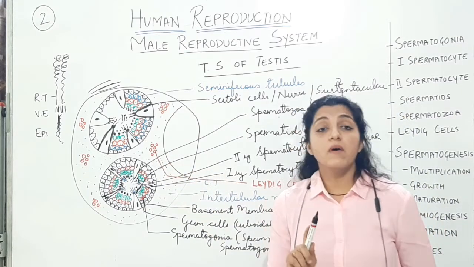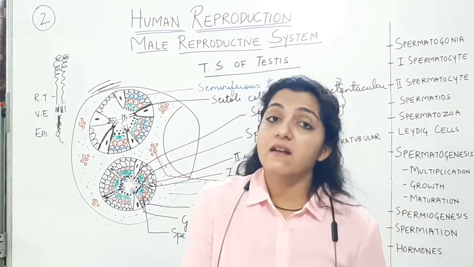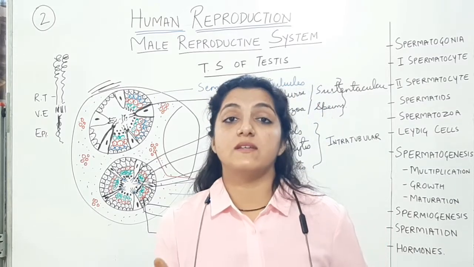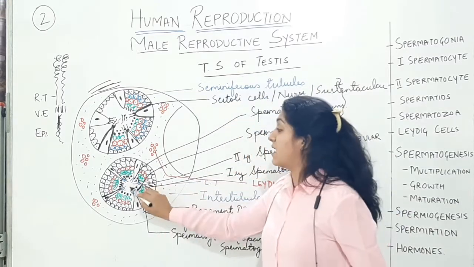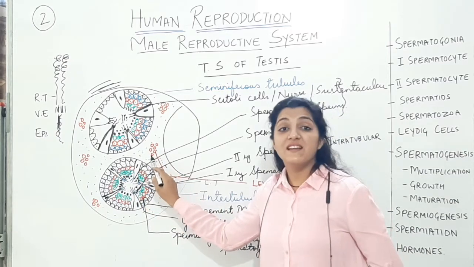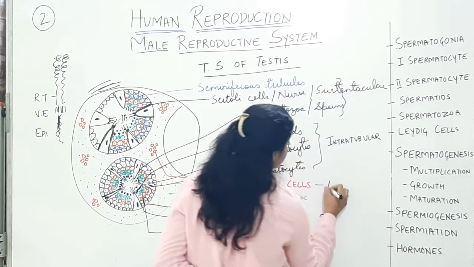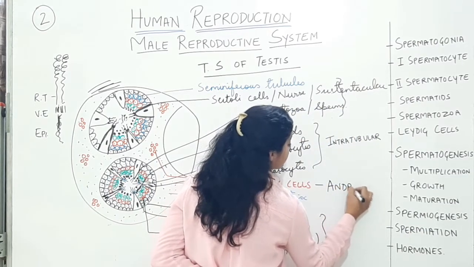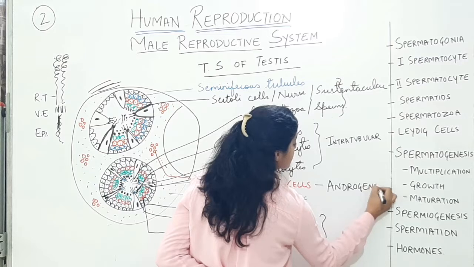An MCQ comes: who produces sperm, intratubular cells or intertubular cells? So intratubular cells are going to produce sperm. Intertubular cells, they secrete the male sex hormones, that is the androgens, more specifically the testosterone.